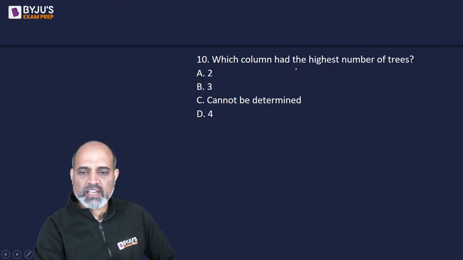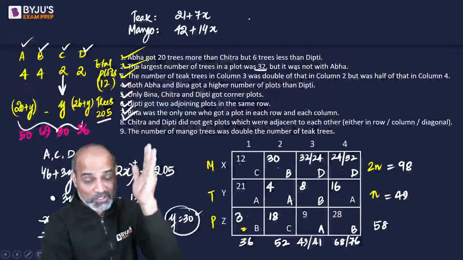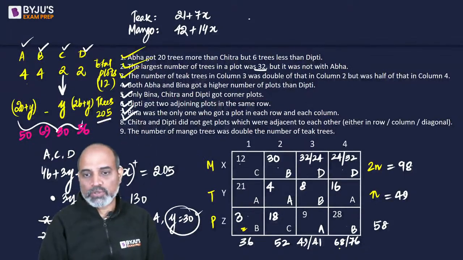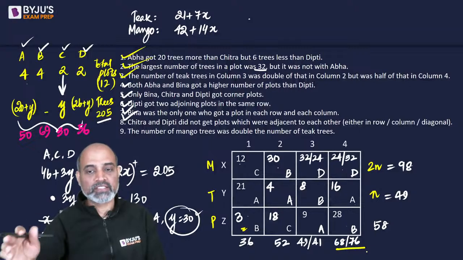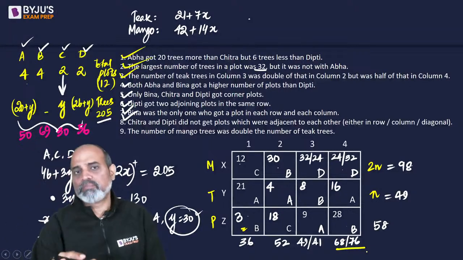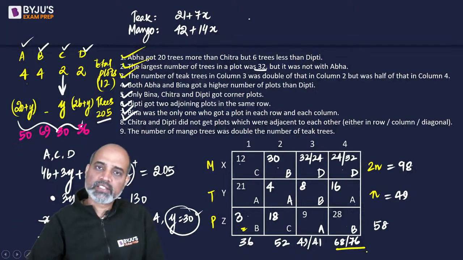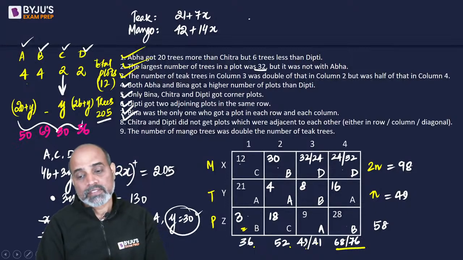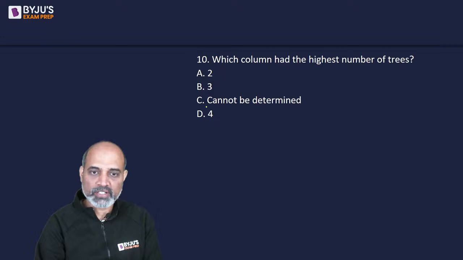Which column had the highest number of trees? Okay, the entire column. So whether it is 32 or 24, it doesn't matter. The highest number of trees in a column goes to the 4th column, right? It's 68 or 76. Worst case 68, take even the lowest. No other column is reaching up to 68, right? It's 36, 52 and best case 49. So the 4th column, it's the entire column and not one cell.